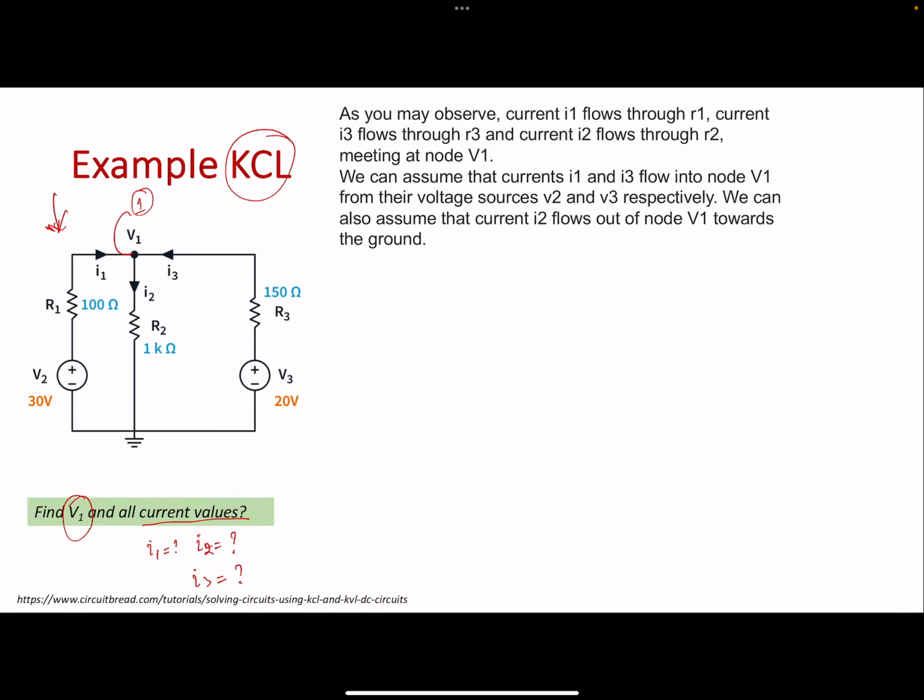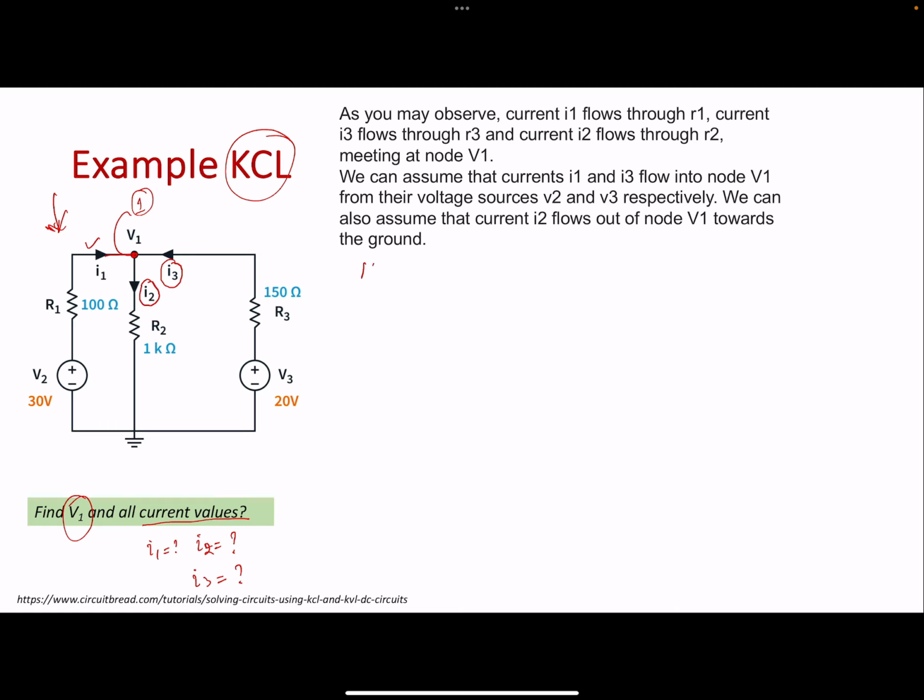Interestingly, if I look at the circuit as is, where the direction of the currents is already given, I can see that my current I1 is entering node 1. Current I3 is also entering node 1, and current I2 is leaving node 1.